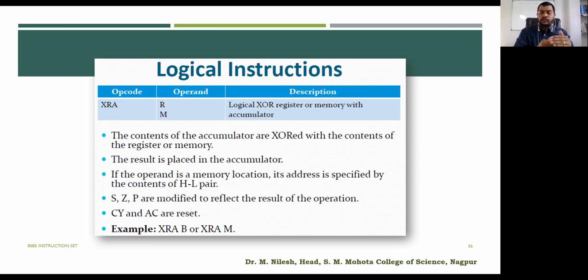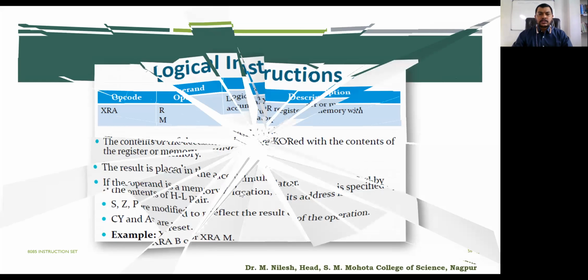So by doing that, the same contents are being XORed, and if there are the same inputs, then the output is supposed to be 0, right? So the contents of the accumulator will automatically become 0. So this instruction we can use here. Again, all the flags are being affected. Carry and auxiliary carry flags are being reset. XRA B, XRA M are some of the instructions. So this is over there.